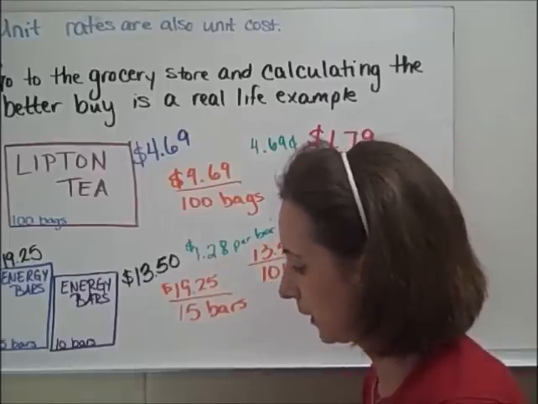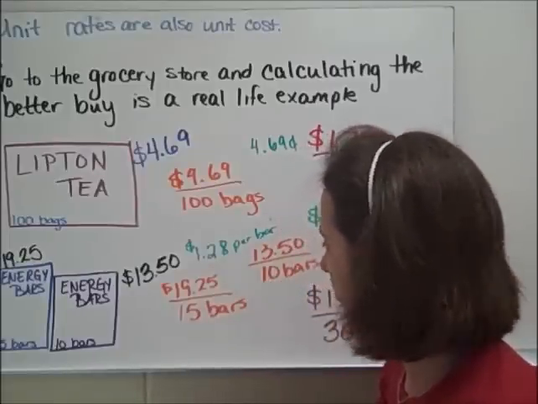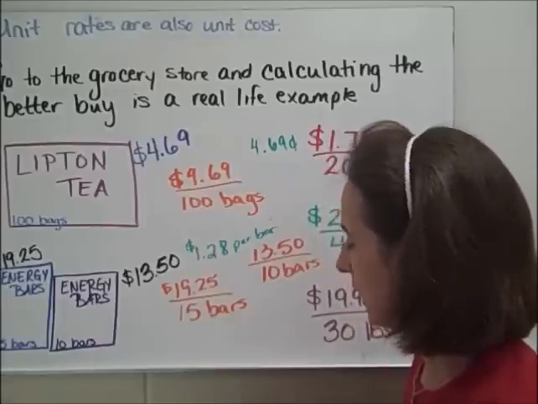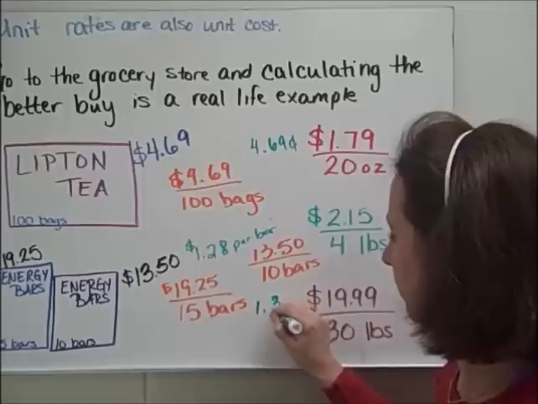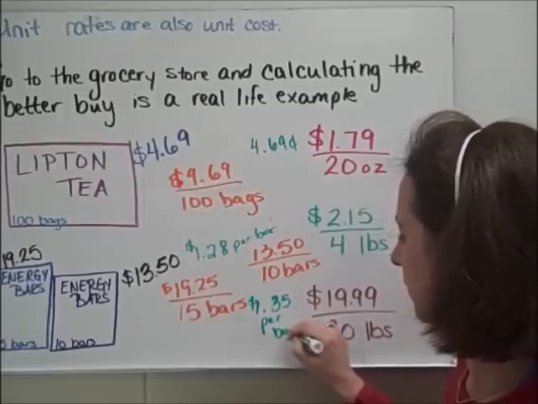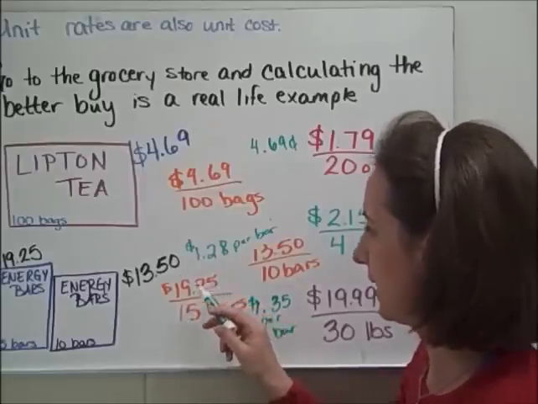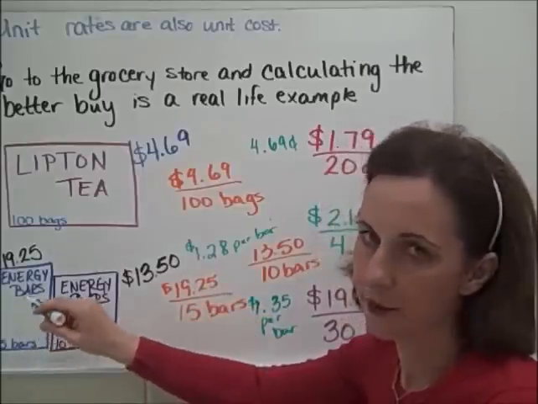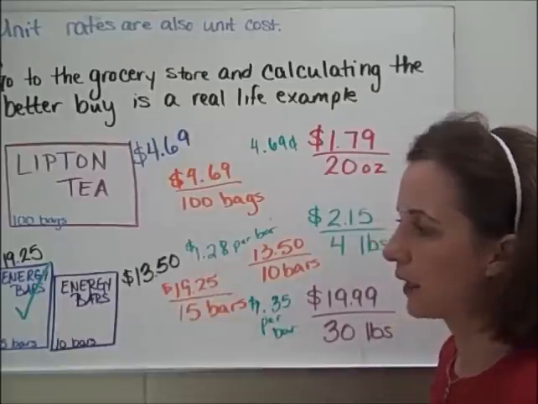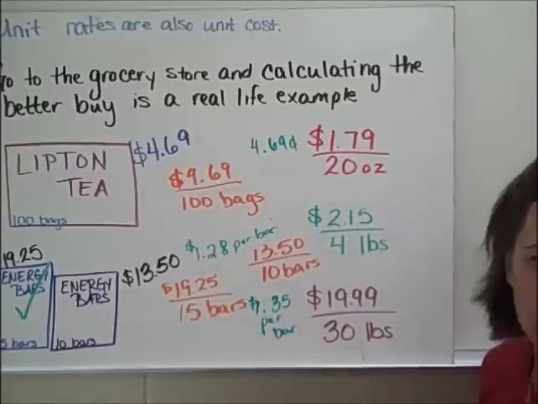Let's check out what this one is. 13.50 divided by 10 is 1.35 per bar. That would mean that this is the better buy because the bars are cheaper per unit.